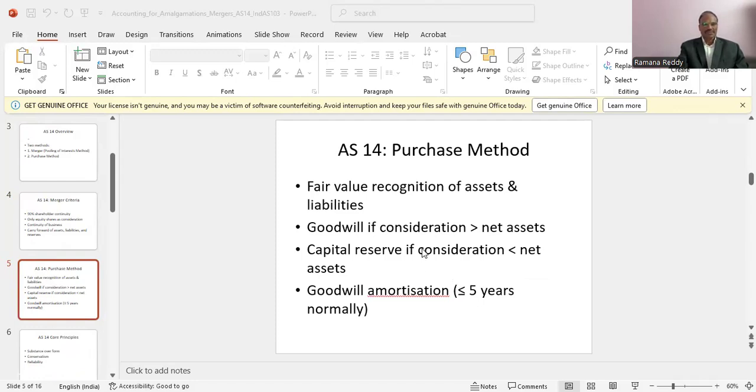The difference between the purchase consideration and the net assets acquired is recognized as goodwill if consideration is above net assets. If consideration is less than net assets, then it is capital reserve. Goodwill is amortized over its useful life, generally not exceeding 5 years unless a longer period can be justified.